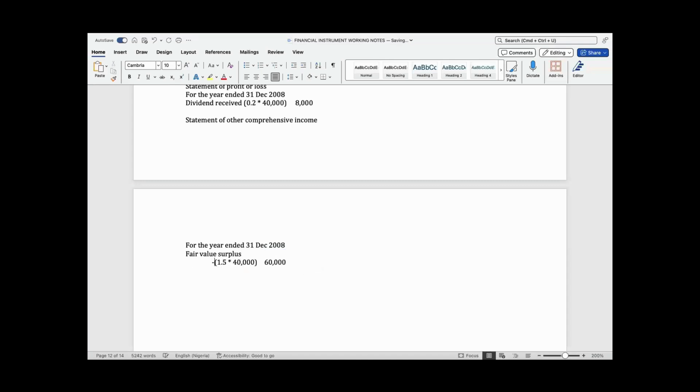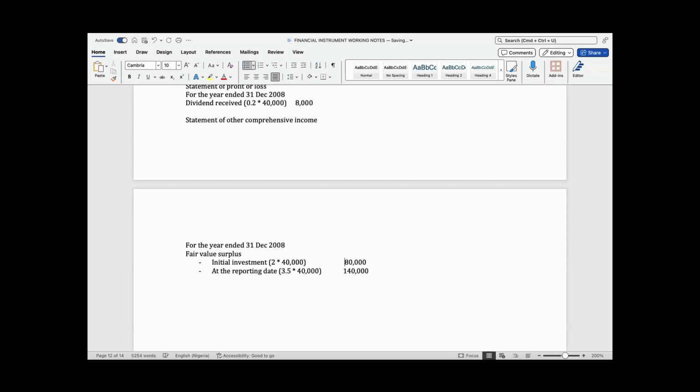My initial investment was 2 naira times 40,000, which is 80,000. And at the reporting date, the value is now 3.5, so the value has gone to 140.